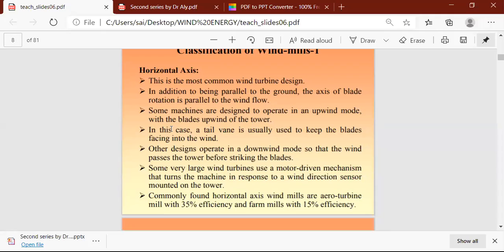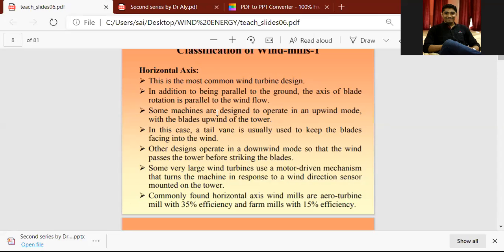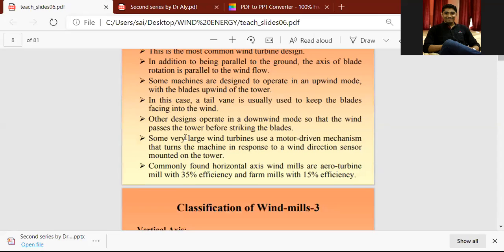Some machines are designed to operate in an upwind mode, with the blades upwind of the tower. What upwind mode and downwind mode are, we will discuss in detail here. Just understand that some designs are made to operate in upwind mode and some in downwind mode. In this case, a tailwind is usually used to keep the blade facing into the wind.